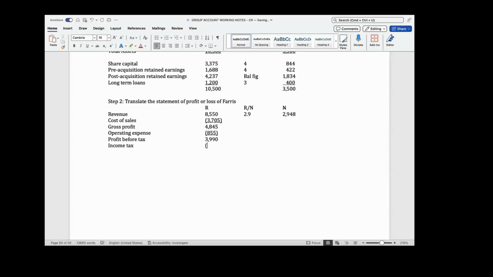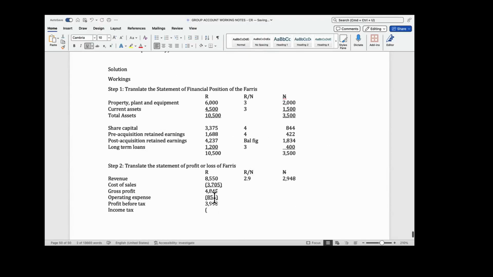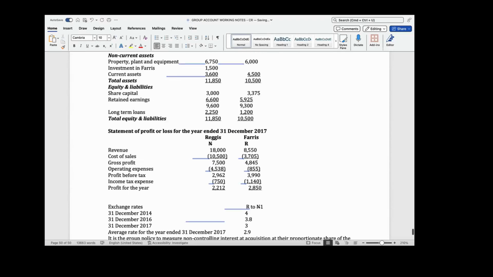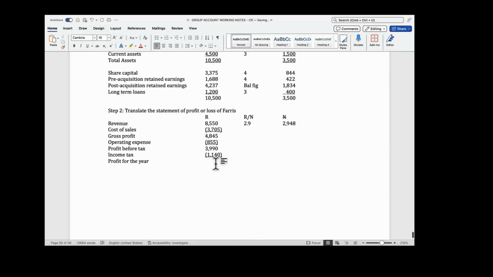Now my income tax is 1140. I have my profit for the year as 2850. Okay, so let's translate. You can be giving me the figures. Cost of sale 1278.